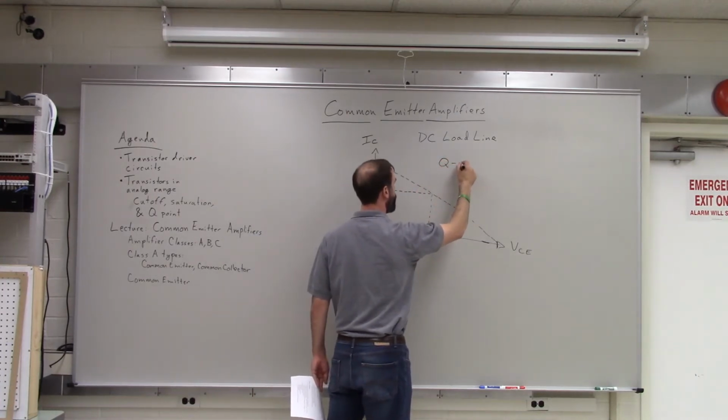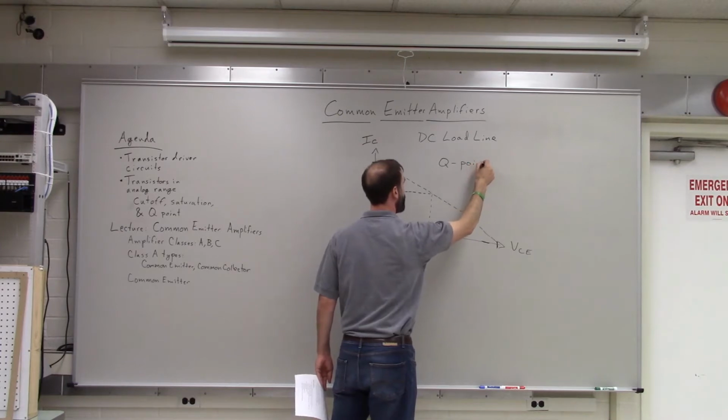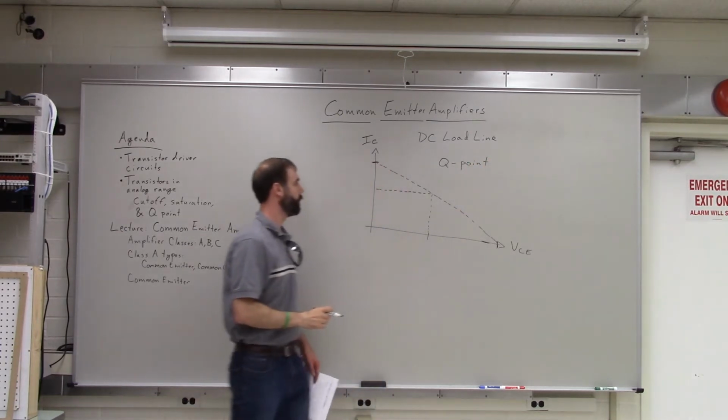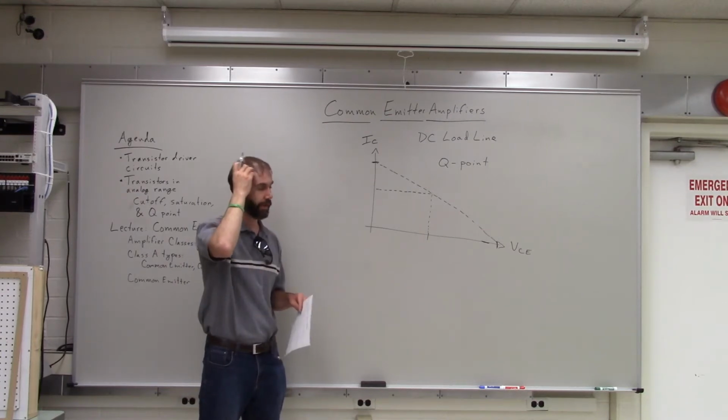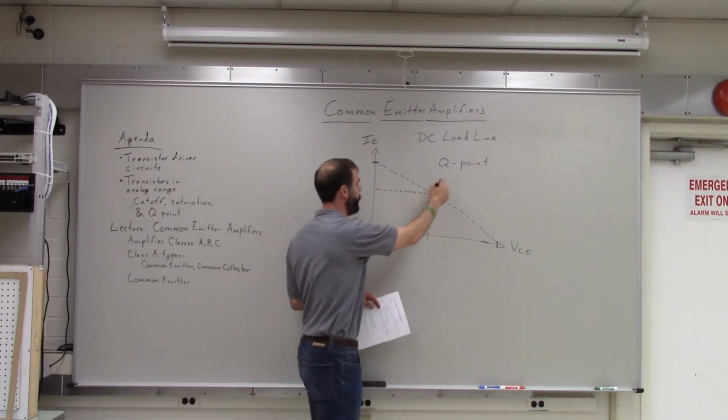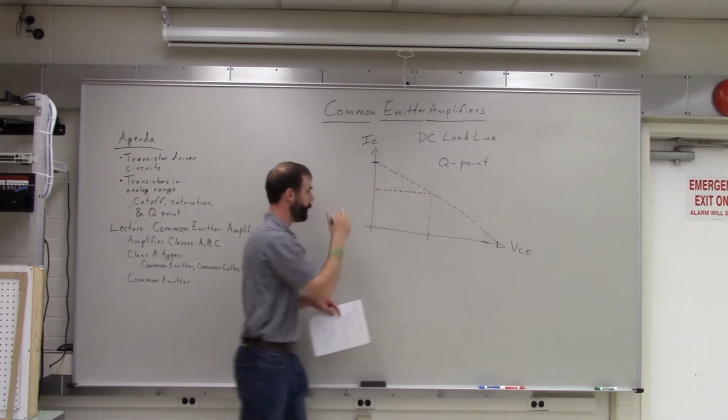Can you clarify, are you looking at the middle of the voltage, or the middle of the average, or theoretically they're both going to fall at the same point? Yeah, they should fall at the same point. So this Q point should be the middle of the voltage and the middle of the current.